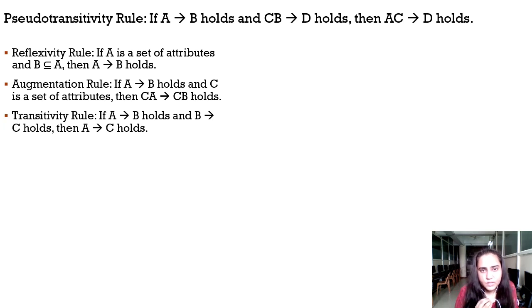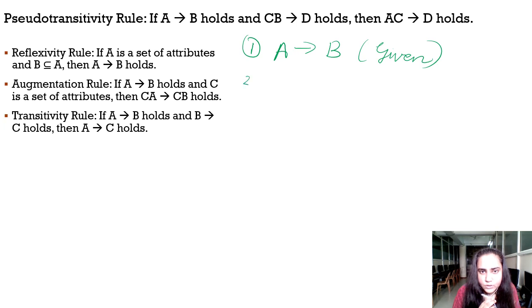First of all, what is given to you is A determines B, and then CB determines D, and what you need to prove is AC determines D using these rules. So let's see how this can be done. I'm going to begin by once again writing down what is given to me, that is A determines B, and you can write down that this is given.